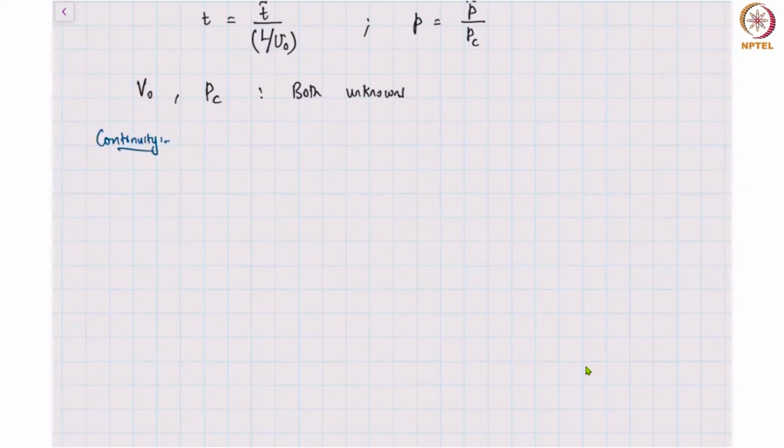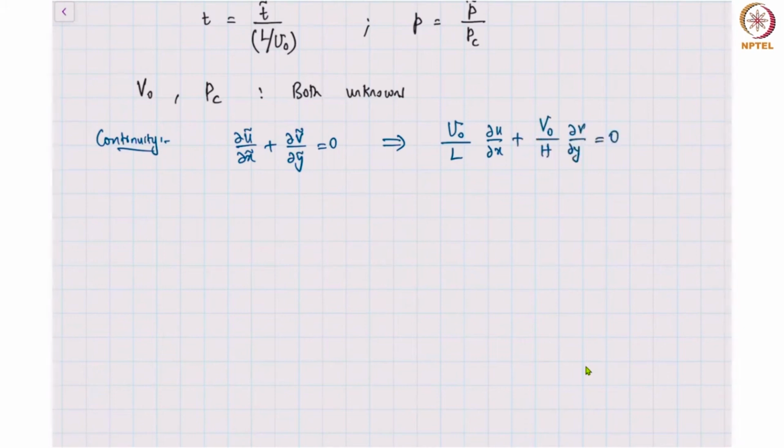For the continuity equation, we have del u by del x plus del v by del y, all with tildes, equals 0. This immediately translates to u naught by L del u by del x plus v naught by h del v by del y equals 0.